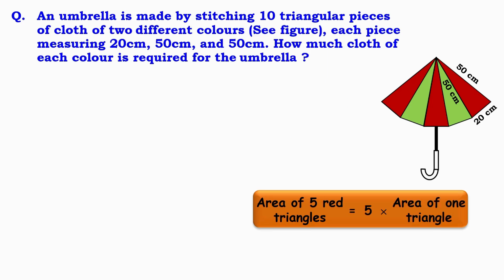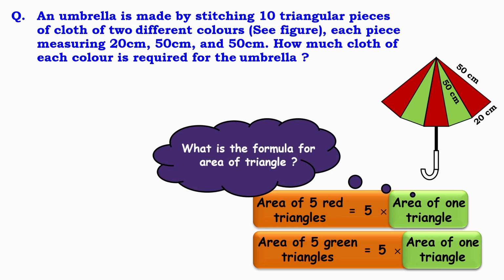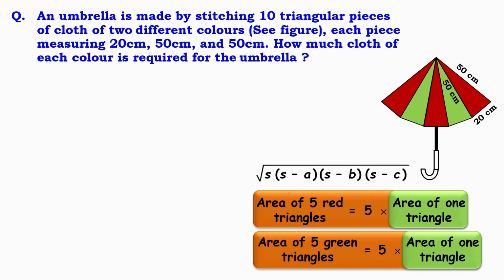The area of 5 red triangles will be 5 into the area of 1 red triangle, and the area of 5 green triangles will be 5 into the area of 1 green triangle. It doesn't matter what the color is, because the size of each triangle is the same. Now, what is the formula for the area of the triangle? That is Heron's formula, square root of s into s minus a into s minus b into s minus c. Now we need to apply this formula here.